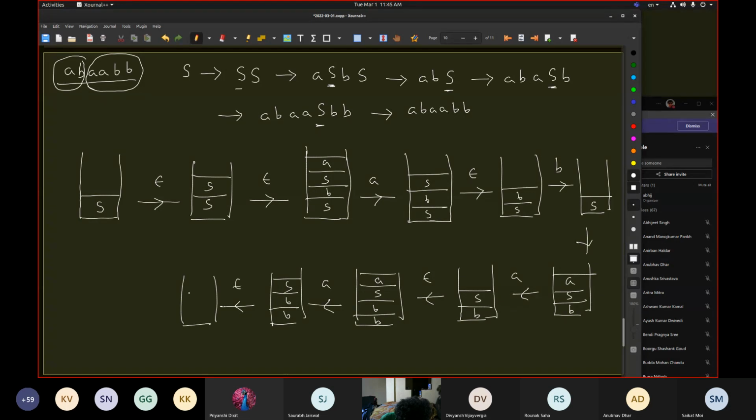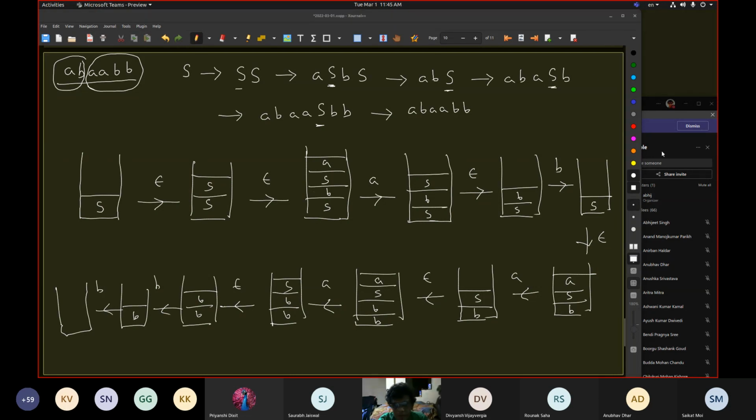An epsilon transition. B, B. Consume one B, consume another B, and the stack is empty. Epsilon, epsilon, A, epsilon, B, A, epsilon, A, epsilon, B, B. This is another epsilon transition. So ABB is accepted by the machine simply by simulating this derivation process. Happy?